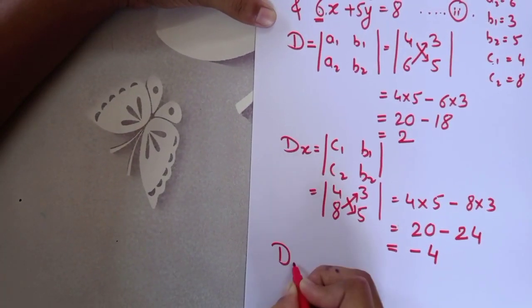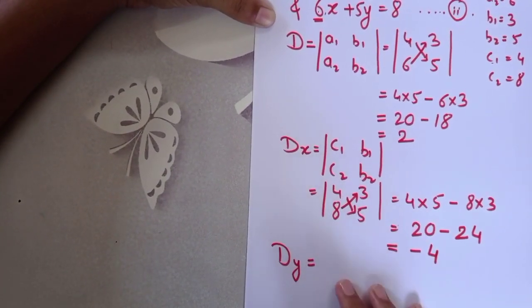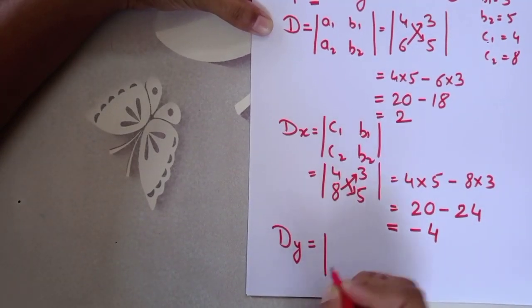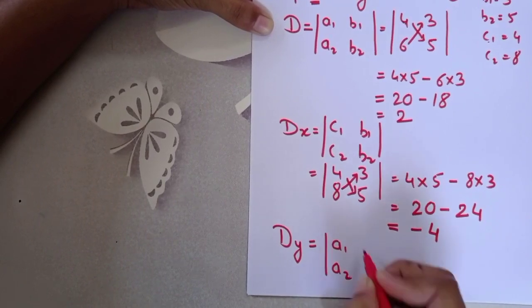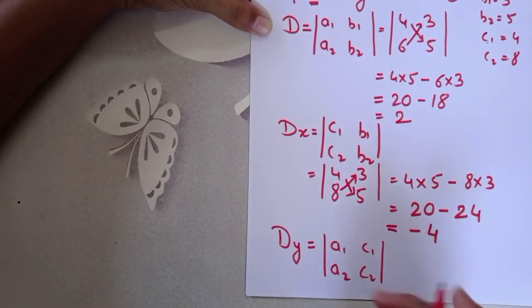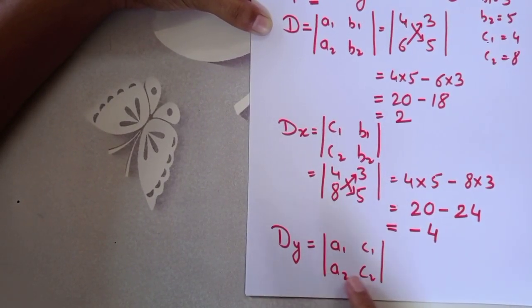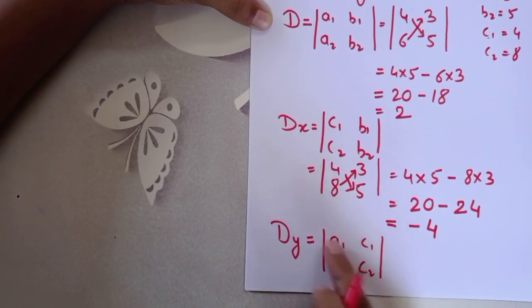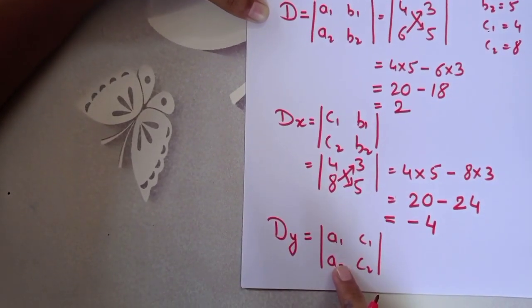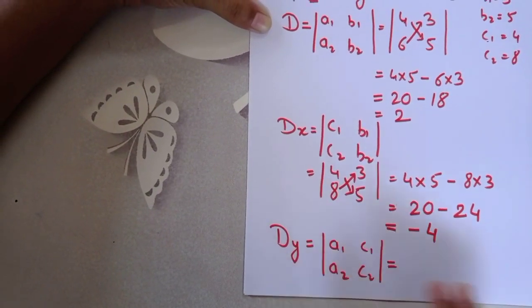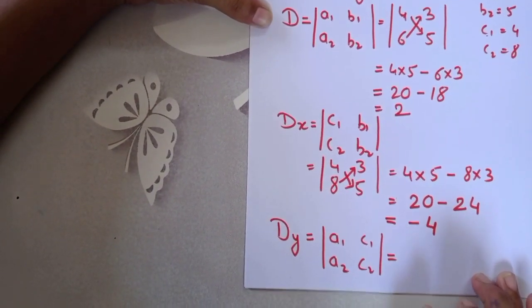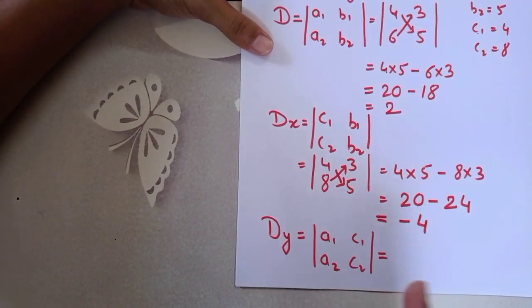Now finding the value of dy, which is equal to the determinant of a1 a2 and c1 c2. Here we should not change the rows and columns of this determinant. By changing this sequence, we will not get the accurate answer because the value will change.